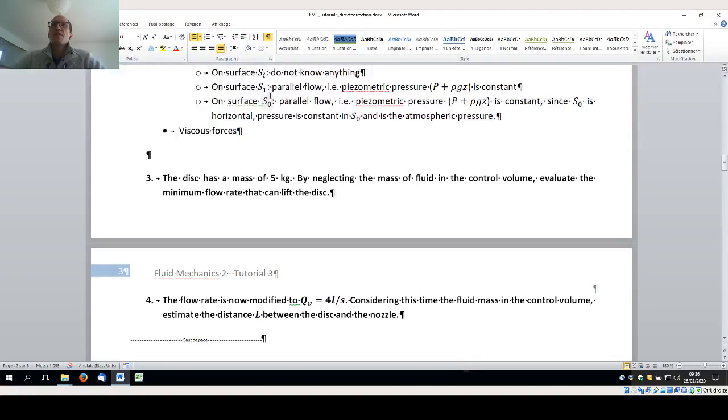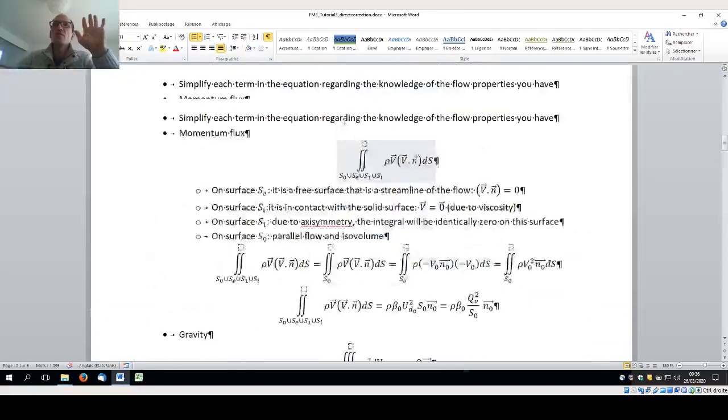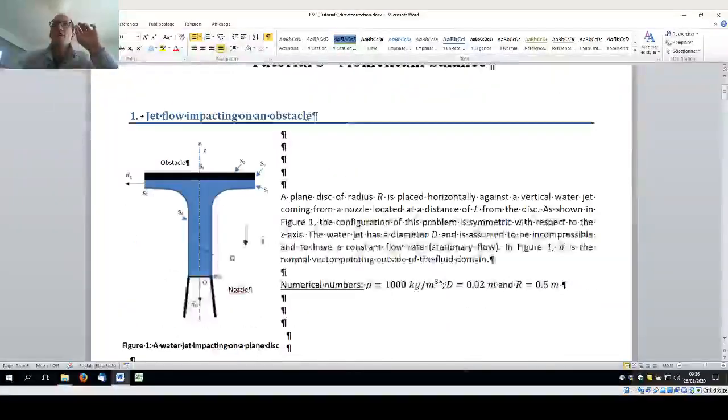On the surface S1, it's parallel flow, piezometric pressure is also constant, but this time S1 is not horizontal, it's vertical here. So the pressure is not strictly constant in S1. You may have some small variation in S1.